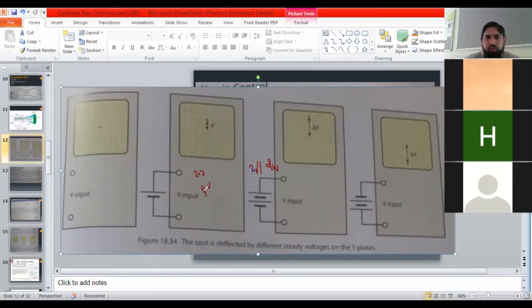This is 4 volts potential difference applied between the Y plates. Here deflection is 4 units, so according to the scale it will be 8 volts, and here polarity has been reversed, so potential difference is minus 8 volts.